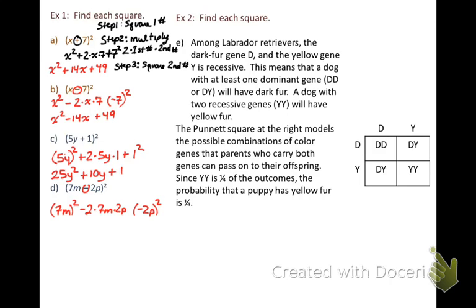We're going to square the 7, which would be 49, and then the m, and we square it. 2 times 7 is 14, times 2 is 28, and then an m. And then negative 2 times negative 2 is positive 4, and then we square the p.